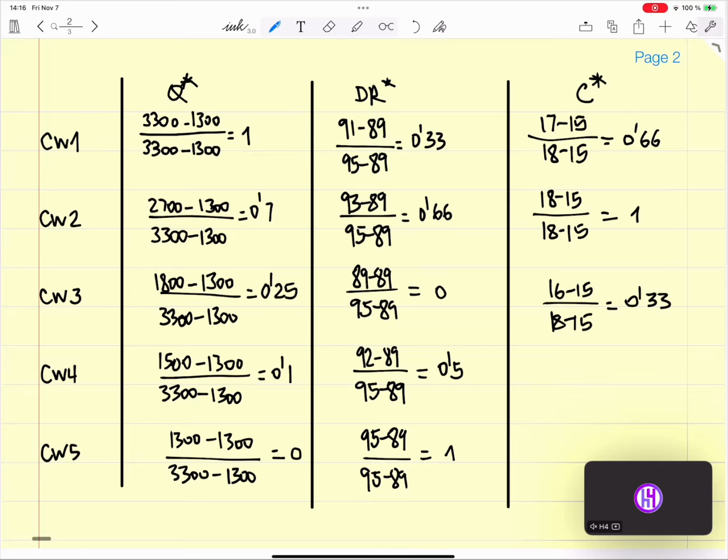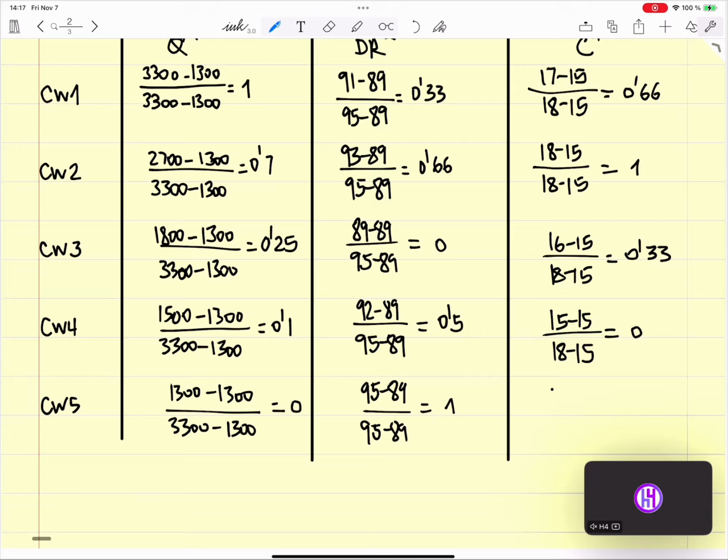Then 15 minus 15 divided by 18 minus 15, this yields 0. And 16 minus 15 divided by 18 minus 15, this yields 0.33.